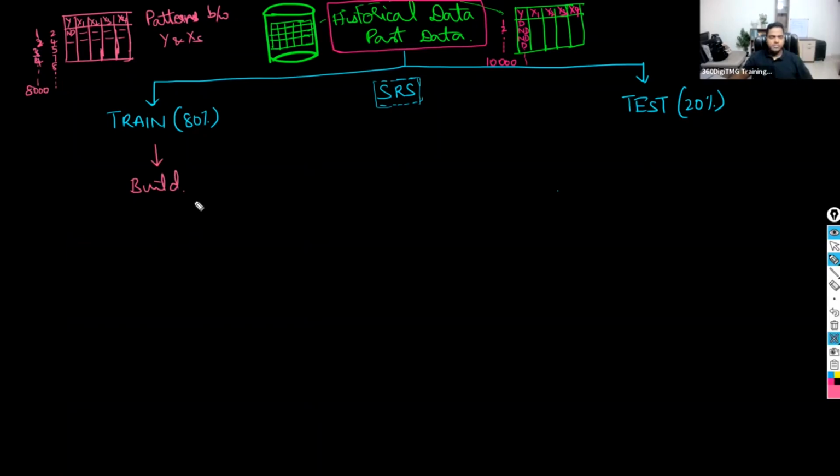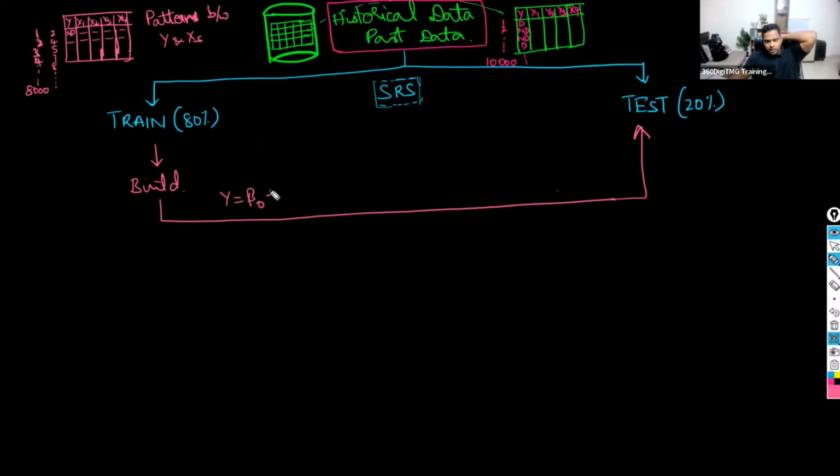So you build a model, and this model would be used to test. When you build the model, output variable is equal to beta naught plus beta 1 x1 plus beta 2 x2 plus beta 3 x3. If it's a regression model, we will talk about all these things in thorough detail at a later point of time. This is your regression model.